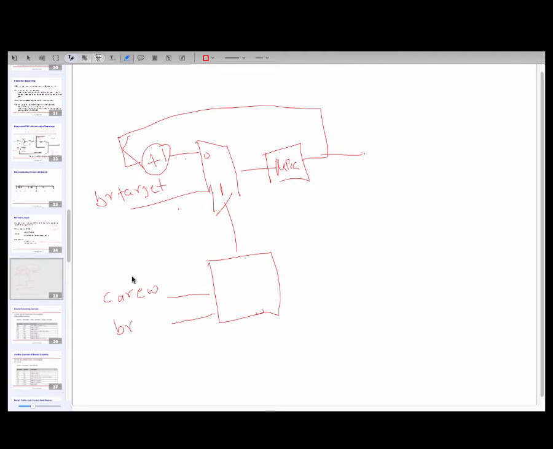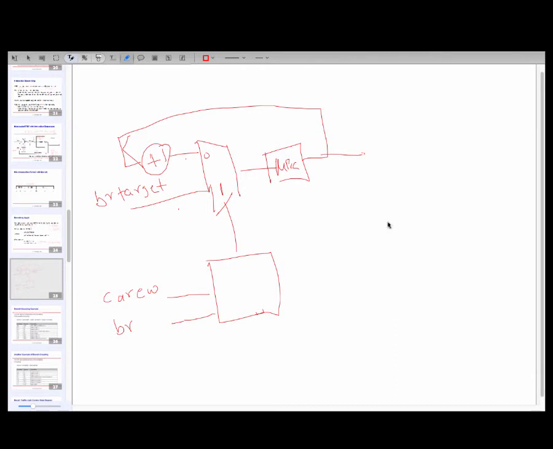So what we are basically trying to say is that if BR is high and car east west is high, then we want to jump to the next instruction. Otherwise, I want to jump to the branch target.